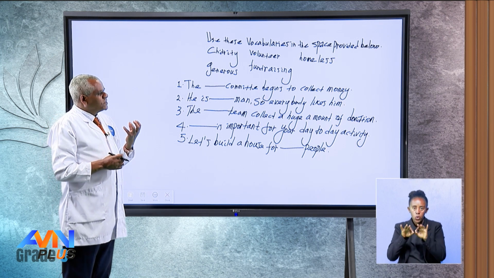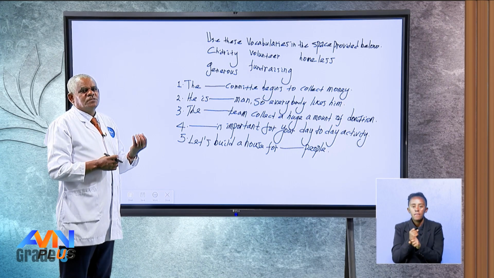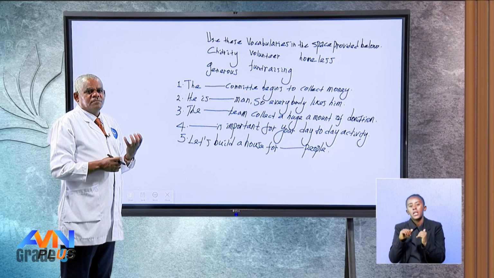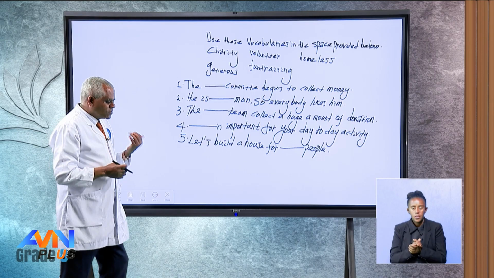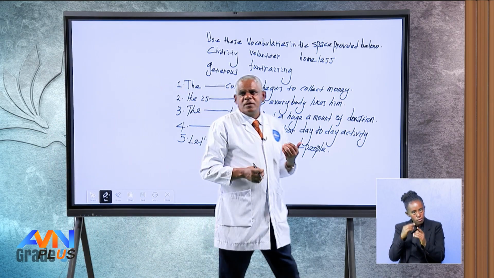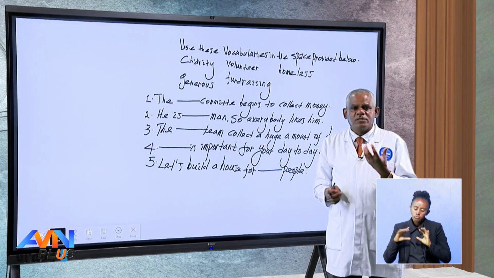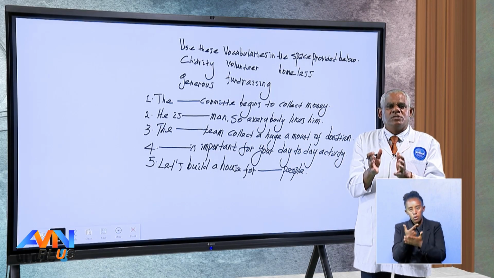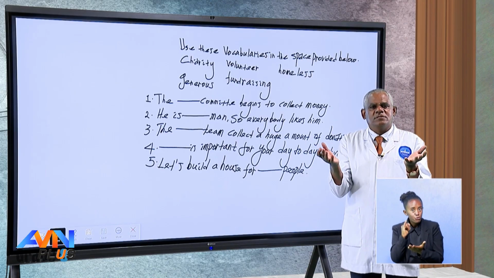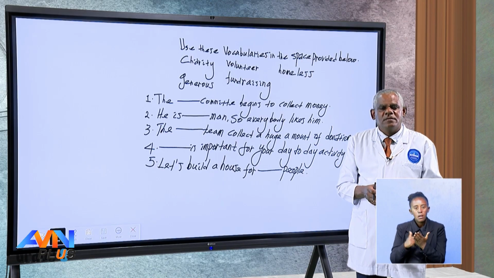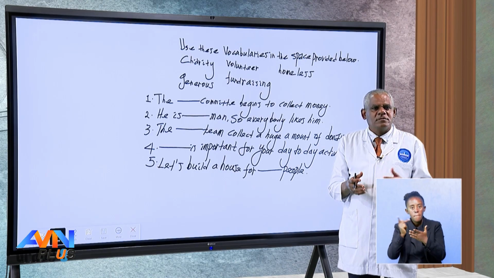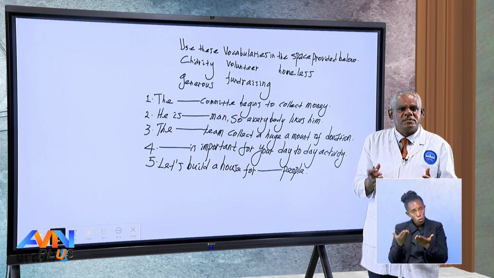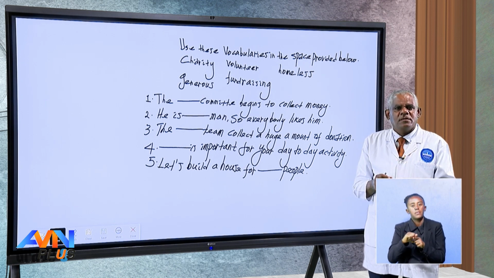The main issue of this activity is that it helps you learn how to use the vocabularies in context. It's very important. At the same time, you have to use these vocabularies in your day-to-day life too. Not only to study them, but also while you are talking about this issue. When your teachers tell you to write a paragraph or a sentence based on the vocabularies, you are welcome to practice this.